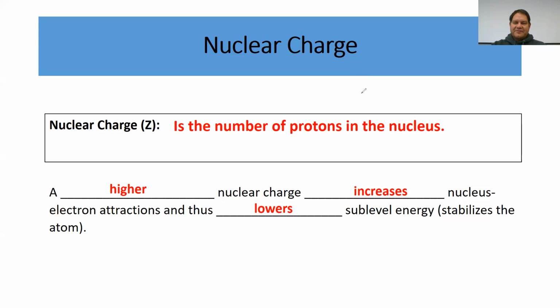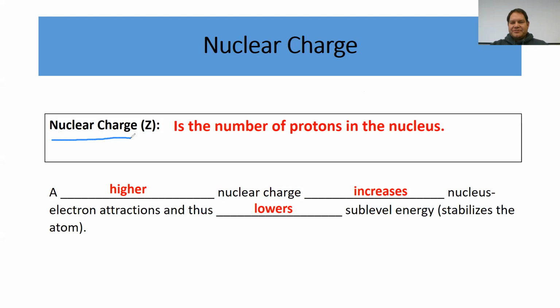So, as we know from Coulomb's law, if I increase the number of protons in the nucleus, it should increase the attraction between the negatively charged valence electrons and the positively charged nucleus. And so what we're thinking with nuclear charge is not just the number of protons, but the amount of positive charge in that nucleus.